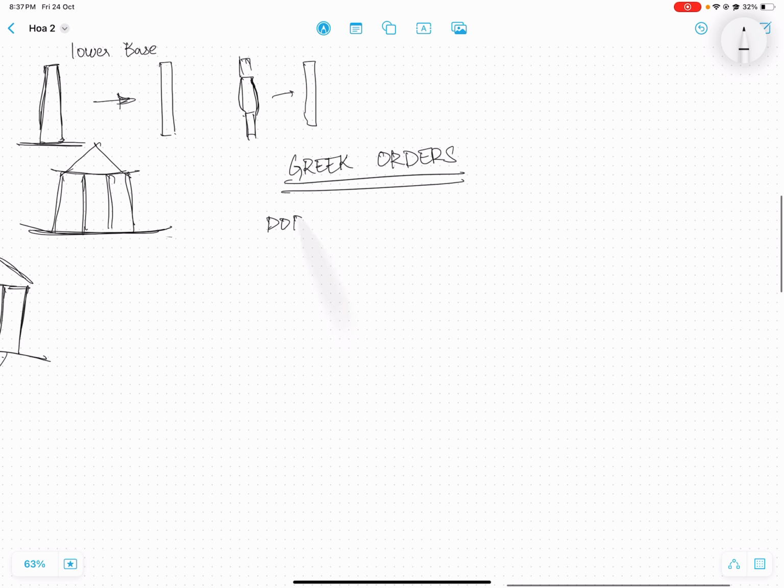We have Doric, which is the simplest, Ionic, which is the slender and most feminine, and Corinthian, which is the most complex, at least in the Greek order.